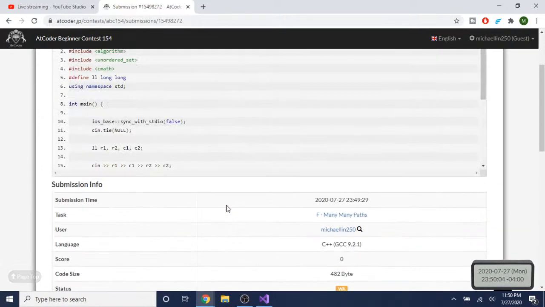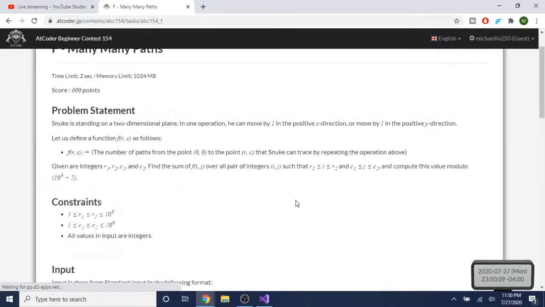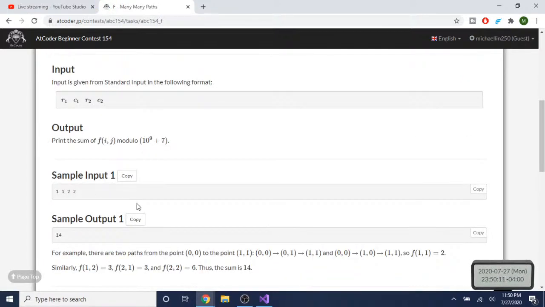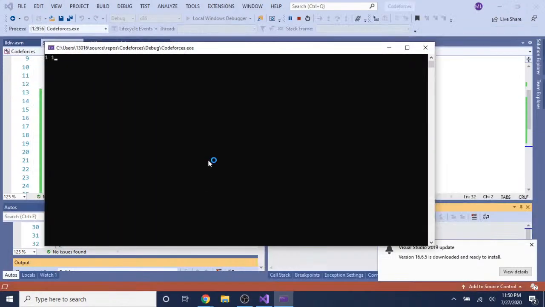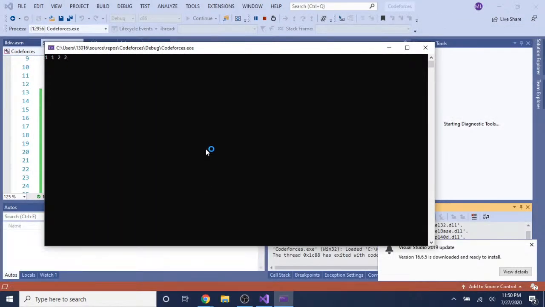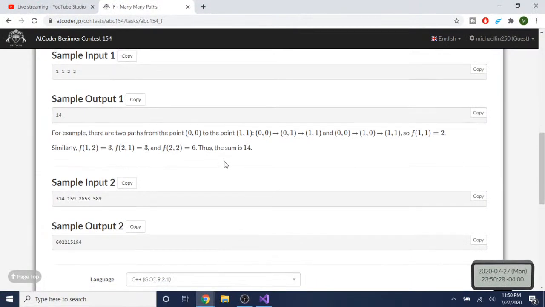That's not good. Let's go back to the task and see what the test cases are. So if I put 1, 1, 2, 2, we should get 14. Let's try that. Okay, so we get 9. So let's go back and see why we do not get it right.